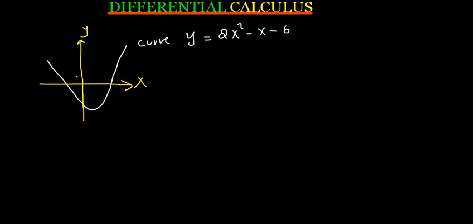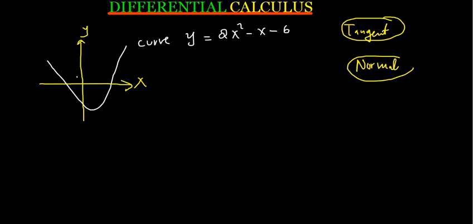So meaning that for this curve which you are able to see here, you have got what is called a tangent to the curve and also the normal to the curve. Now when you are talking about the tangent, a tangent is a line that touches the curve at only one point.